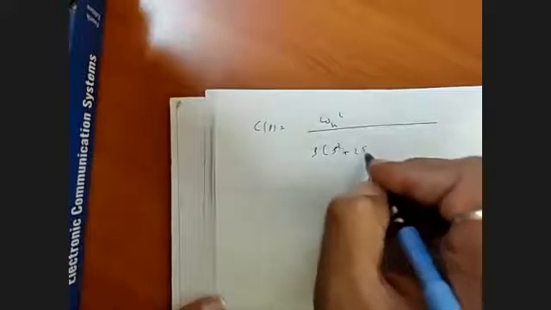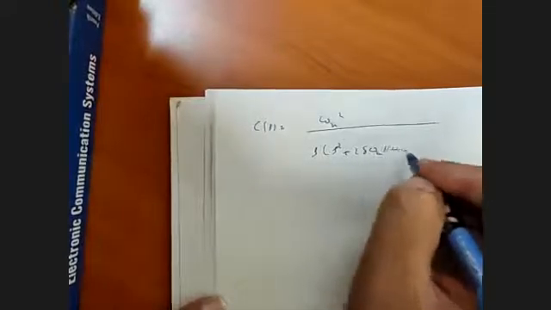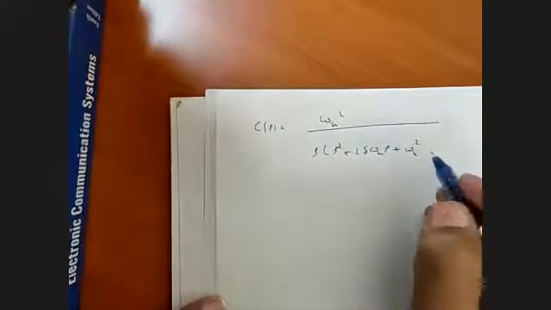So that means C(s) will be omega n square upon s square plus 2 delta omega n s plus omega n square.